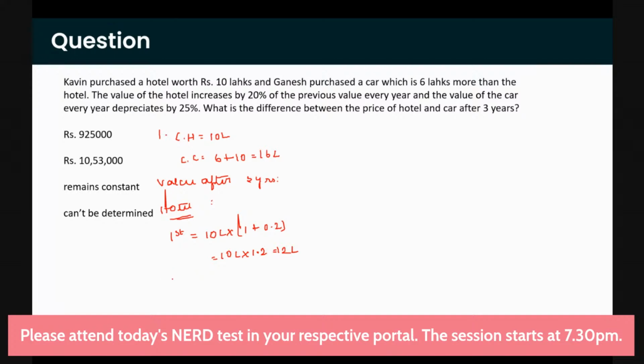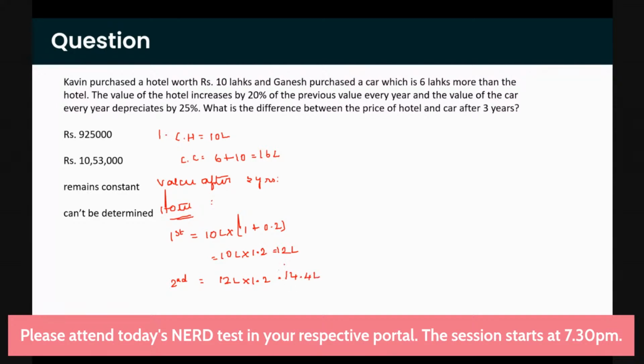Okay, so we have to calculate for 3 years. We have calculated the first year. Now for the second year, that 12 lakh will increase 20% more, right? The 20% can be written as 1.2. So 12 into 1.2 is 14.4 lakhs.